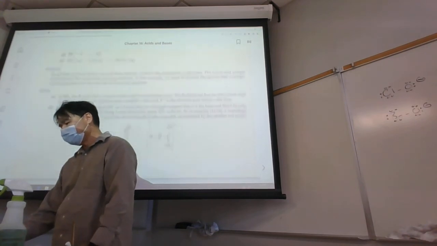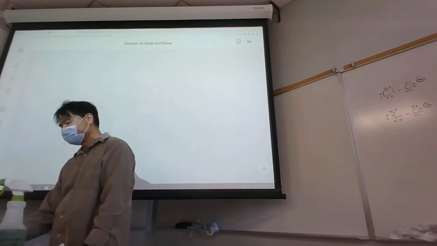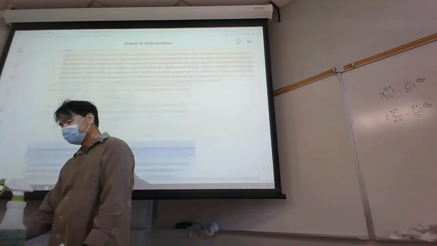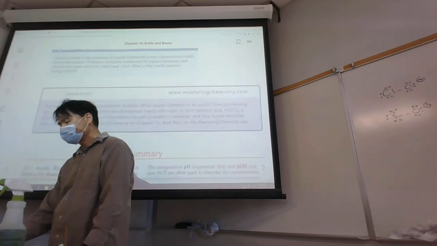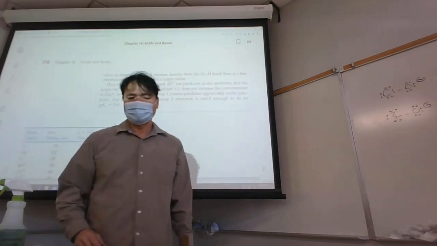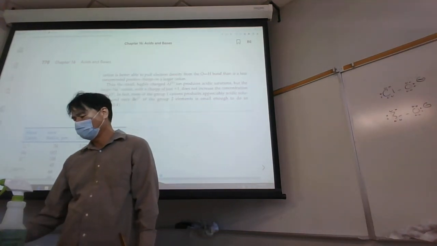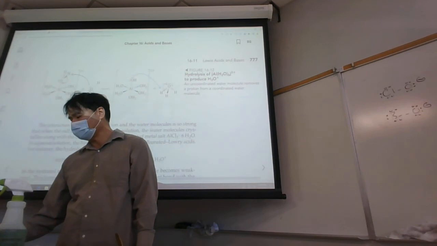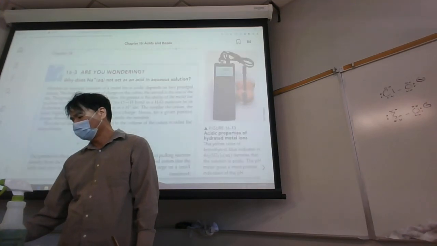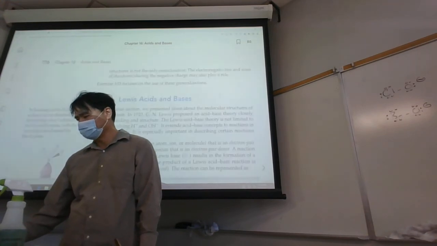Okay, so we're going to look at some other Lewis acid-base analyses, analyzing things based on Lewis acid-base properties here.